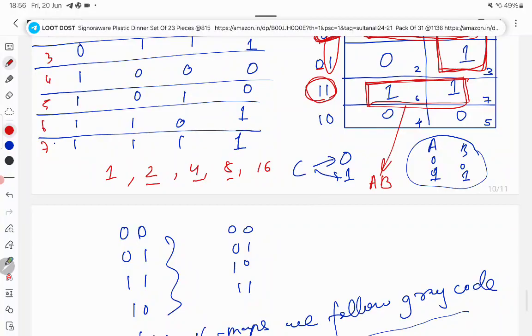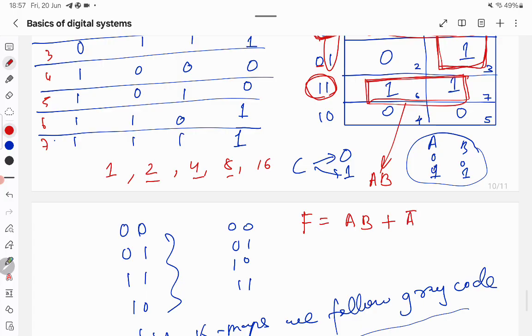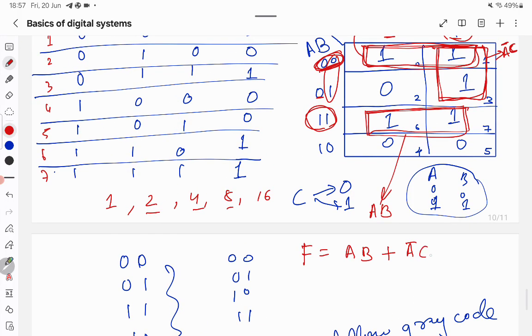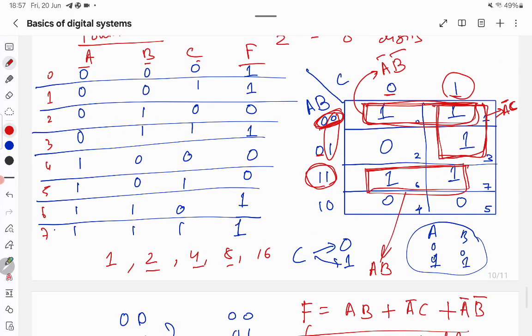So what is the final minimized form? It is AB plus A complement C plus A complement B complement. So this is the answer, which is the SOP form. SOP is the minimized form. If you were to find the POS, then you would have considered only the zeros.